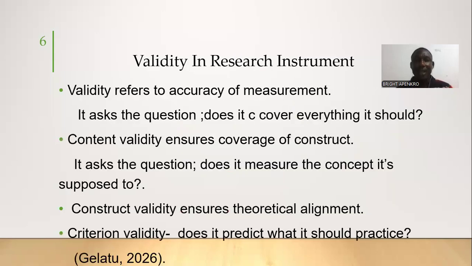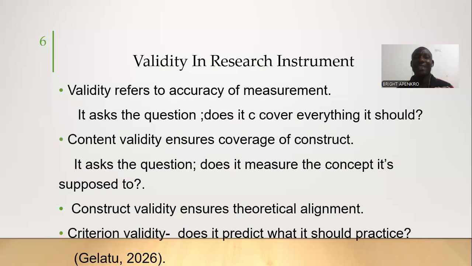Then now let's talk about some terms in a research instrument. We'll be looking at validity. So what is validity in a research instrument? We are saying that it refers to the accuracy of your measurement. So you take a measurement, for example, of somebody's weight.